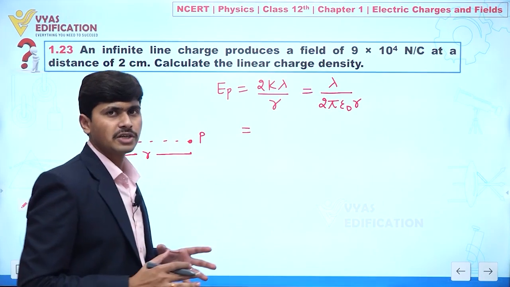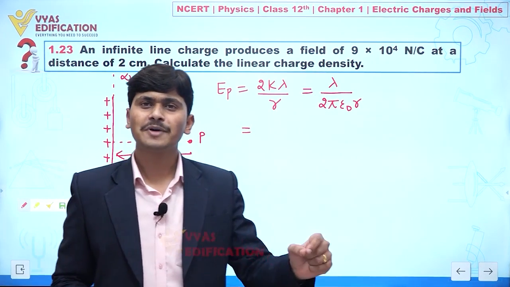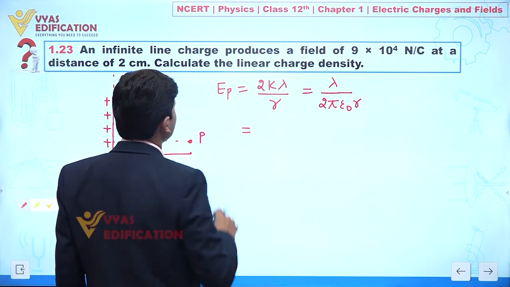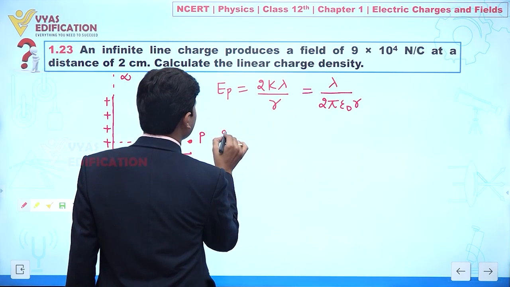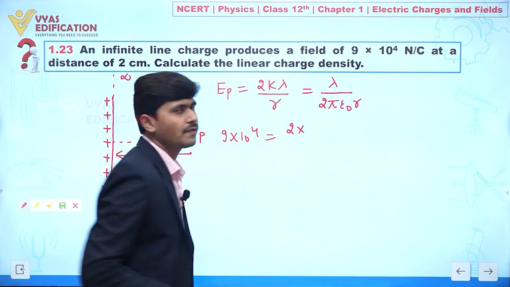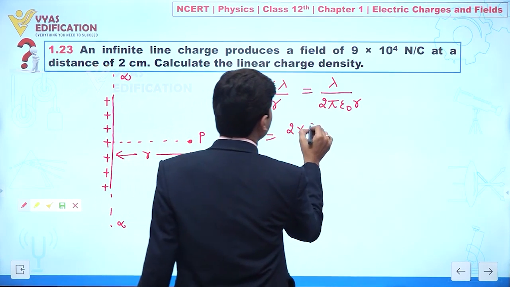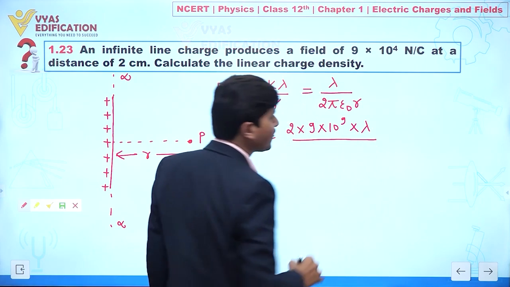Our objective in this question is to calculate linear charge density, meaning charge per unit length. The electric field value is given, so we can write 9 into 10 to the power 4 equals 2 times k, which is 9 into 10 to the power 9, multiplied with lambda divided by r.